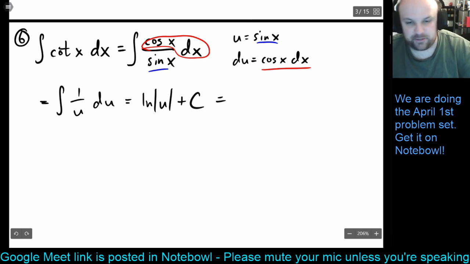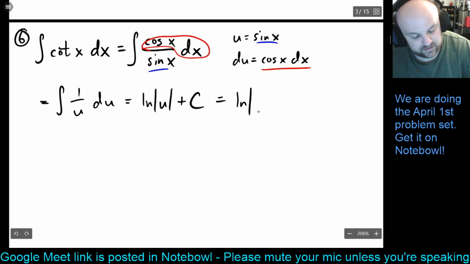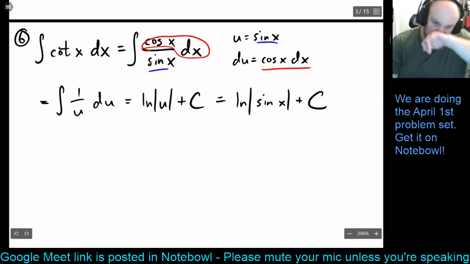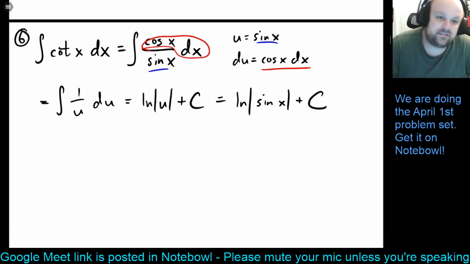And then we swap u back in. We have ln of the absolute value of sine of x plus c. Now that is sort of the better form, or the nice form of the answer. I will say it's quite common to see this written in a different way.